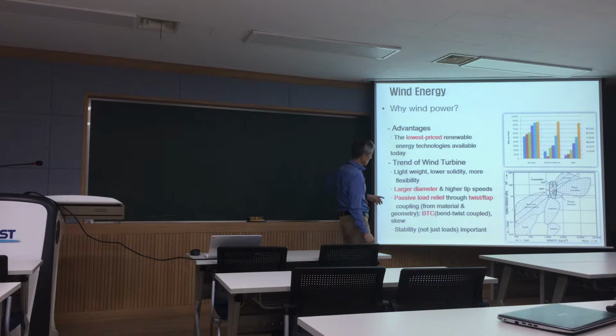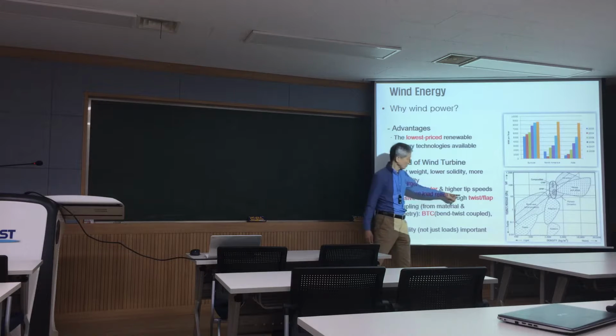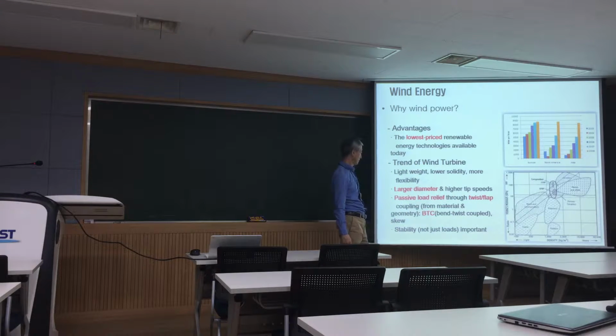But nowadays they make special material, flexible material or geometry that gives you a passive change of angle, right? By using a twist or flap, or we could say a bend and twist coupled blade. So when the wind is higher, that gives more twist or bend, so that the angle of attack is reduced naturally, right? Passively, not active control, passive control.